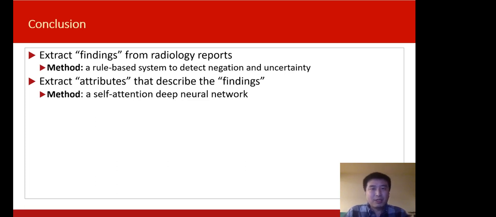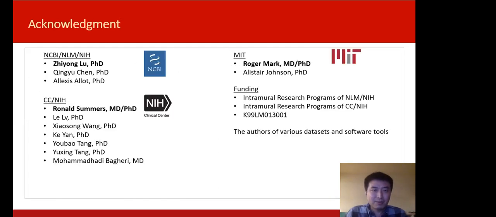So by using NLP techniques, we can automatically create large-scale finely labeled datasets, and using those datasets, we can do some medical image analysis tasks that could not be done before. These two examples demonstrate the usefulness of clinical NLP in assisting medical image analysis.